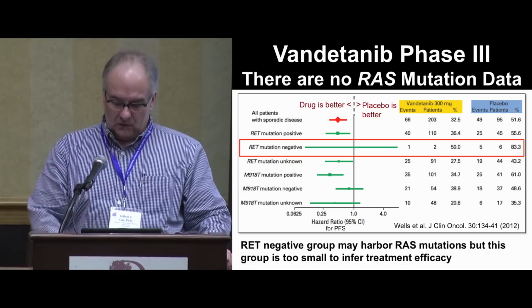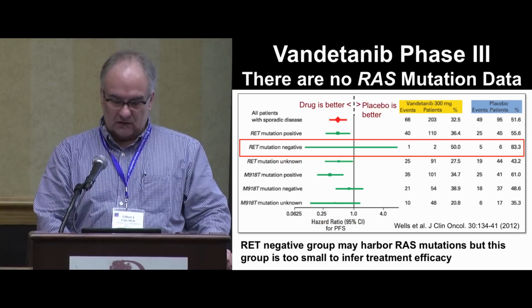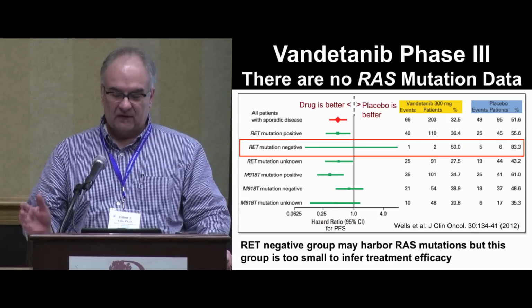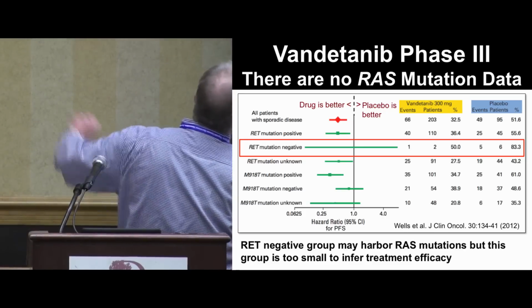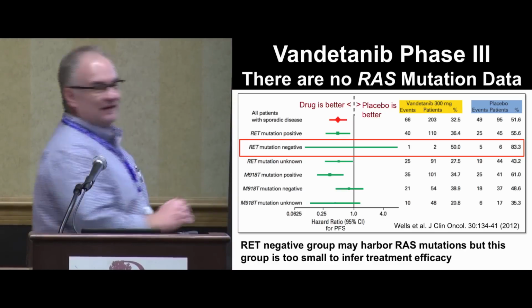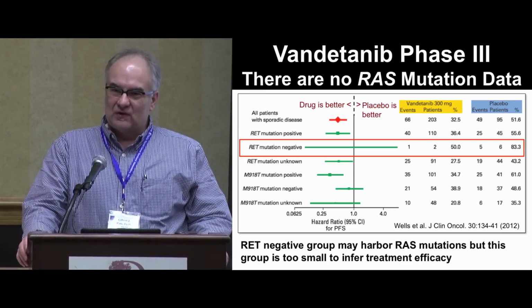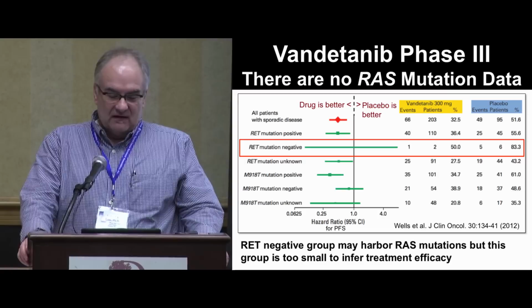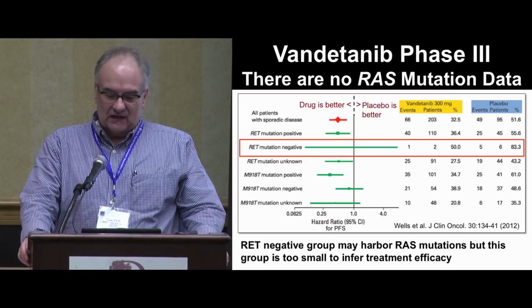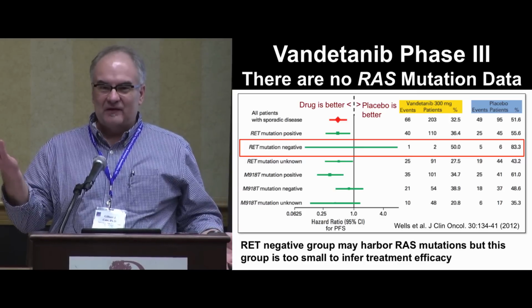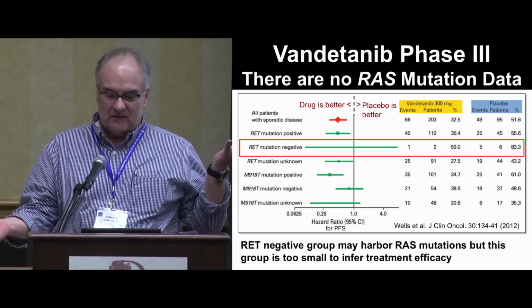The way you read this diagram here is, if you're on the left side that says drug better, that means that you're getting better on the drug. And you can see that when you don't have a RET mutation, it's right down the middle. Some people are doing better on the placebo and some people are doing better on the drug.